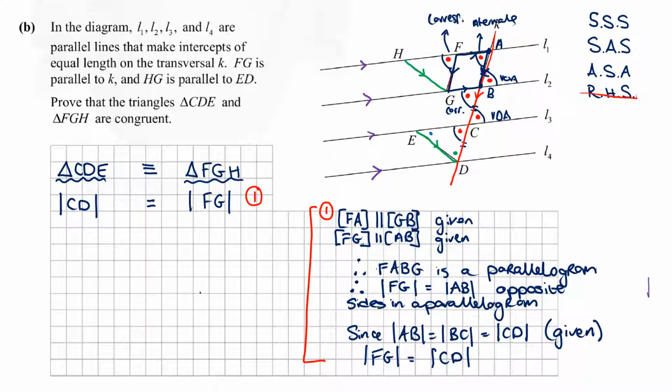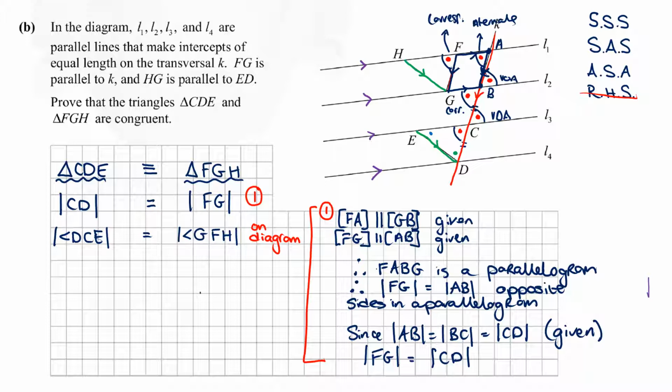So now I have an angle. I have that the angle DCE is equal to the angle GFH. I'm going to write a note on the diagram. So that's worked through there.